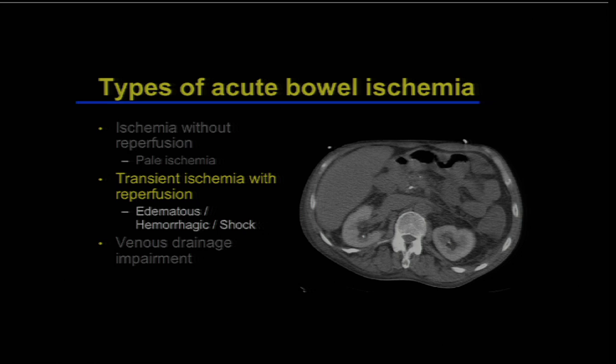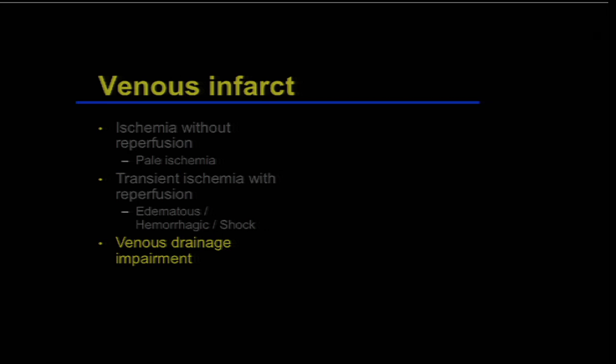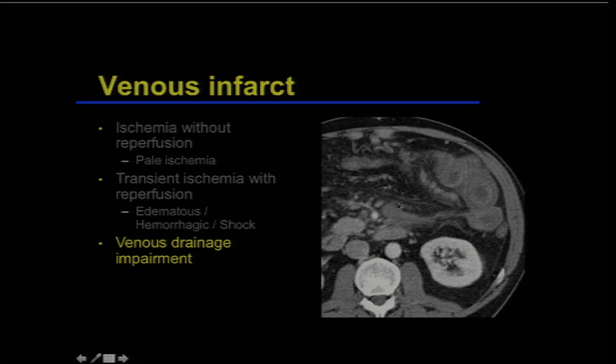Another type of ischemia that we can see is a venous impairment. So for example, in this case, we can see a branch of the superior mesenteric vein that was occluded and expanded. In this case, we have good arterial supply, and so we can see a little bit of enhancement of the bowel wall. And this is very similar to venous impairment of other organs, the brain or the kidneys.